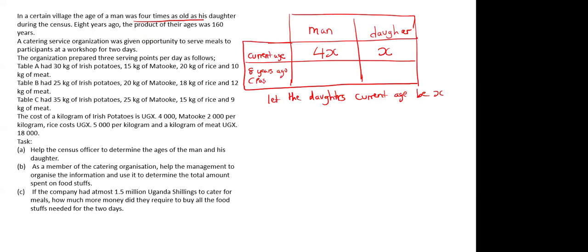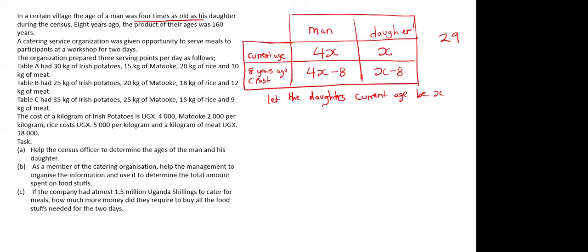Take an example: if I'm currently 29 years, 8 years ago what was my age? 21, very good, you have subtracted. So for our man, it's going to be 4x minus 8, then for the daughter, it's going to be x minus 8.